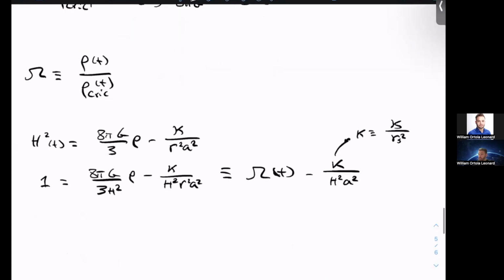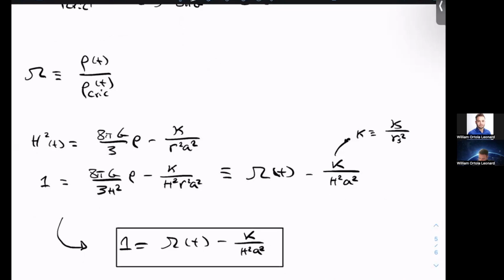So I'll put it right here, equal to omega(t) minus k over H squared a squared. This is simply another way of rewriting the first Friedmann equation as well.